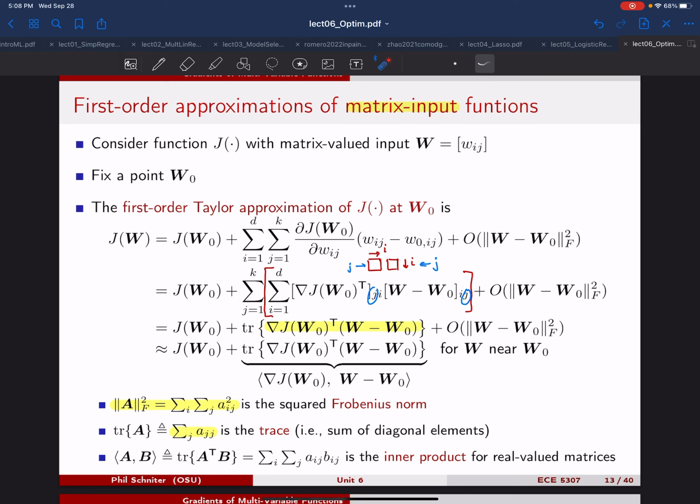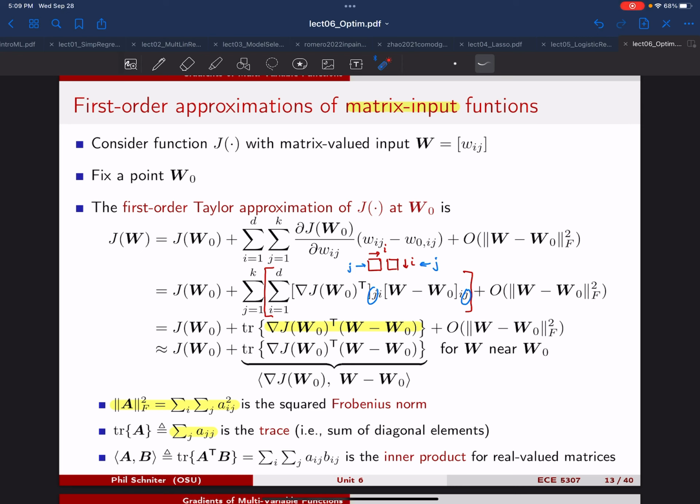And it turns out that that is the inner product for real valued matrices. When you have a real valued matrix pair and you want to say, what's the angle between matrix A and matrix B, what's the inner product between them? Basically, it's the trace of A transpose B. It's a little easier to interpret in terms of sums: you're doing an element-wise product of A and B and then summing all the entries.